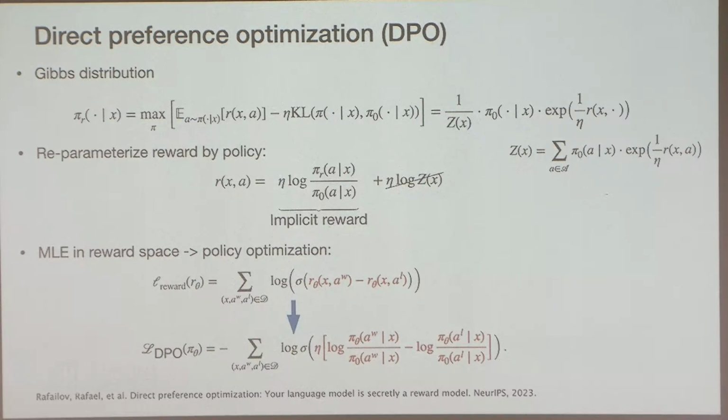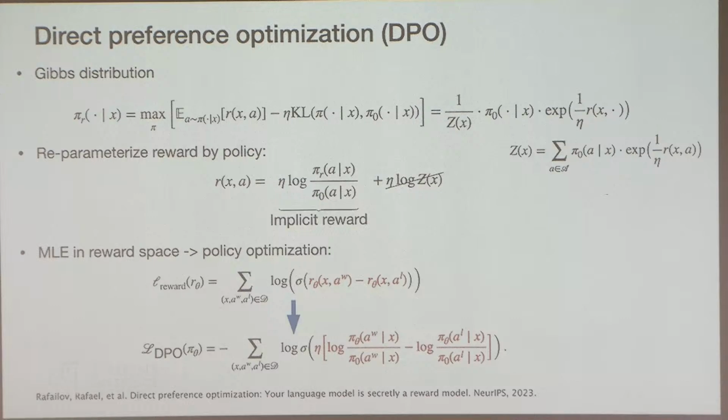So there have been some alternative approaches designed to replace the PPO algorithm. One of the most famous is the so-called direct preference optimization, or DPO. This is a very elegant algorithm which can be described in just a few equations. So let's go through the mathematical details here.